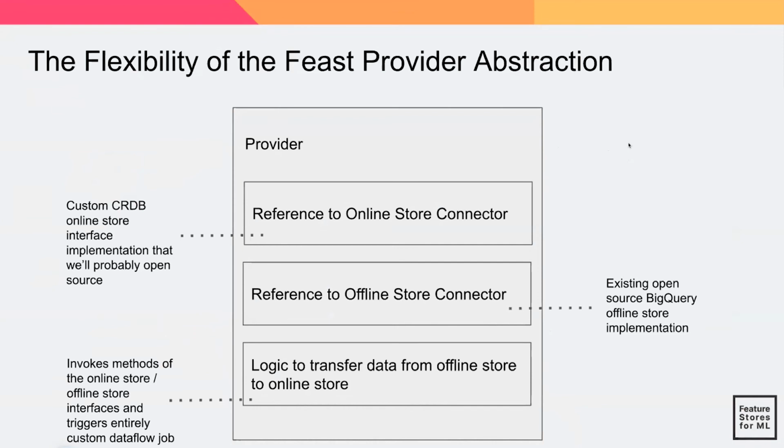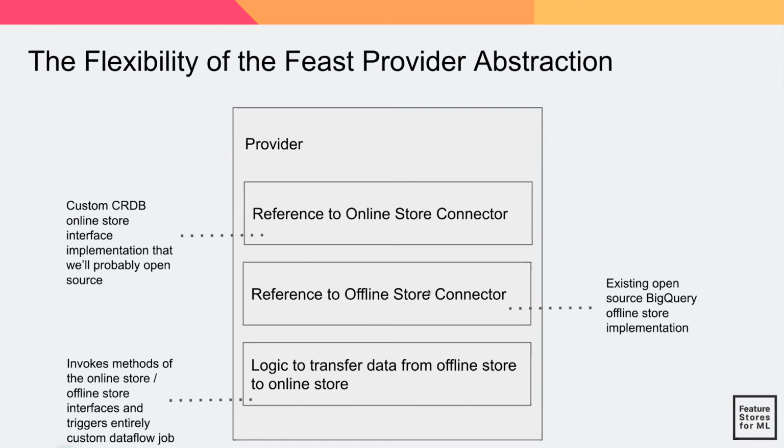So the Feast provider is the connector, the common component, that allows Feast Core to interact with the various online stores and offline stores. And the provider is really flexible, and it's why we think it worked well for us. So it has a reference to the online store connector, a reference to the offline store connector, and logic to transfer data from the offline store to the online store.